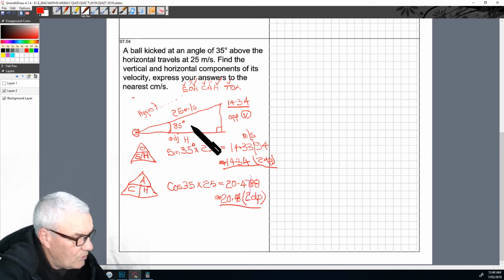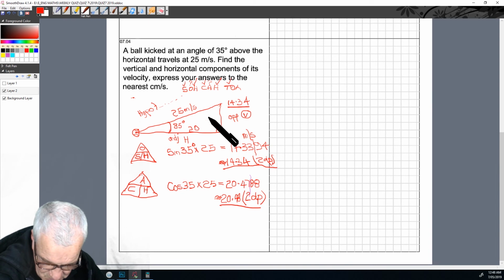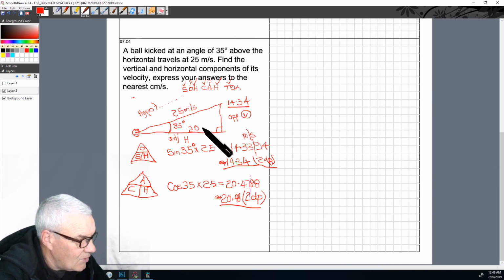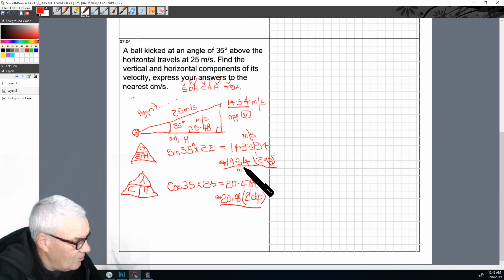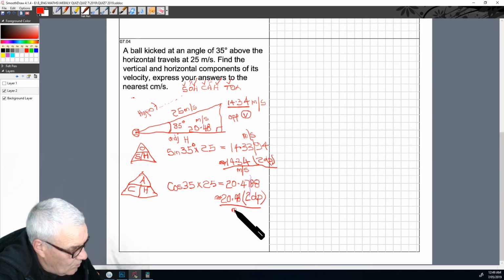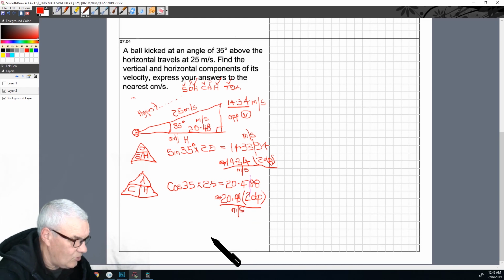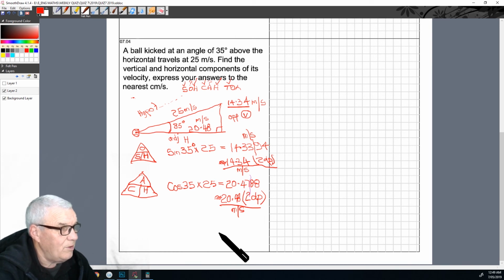And we'll write it in here. 20.48 metres per second, but rounded to the nearest centimetre. So see how that stuff that you learnt about the metric system way back when comes into play now.